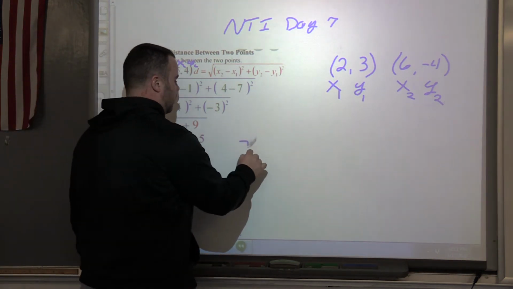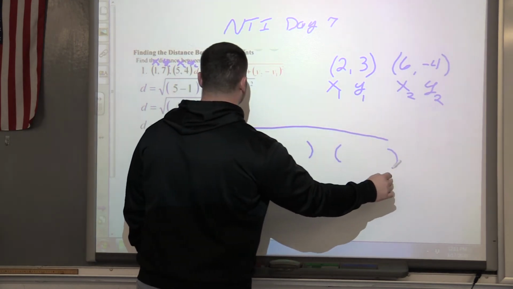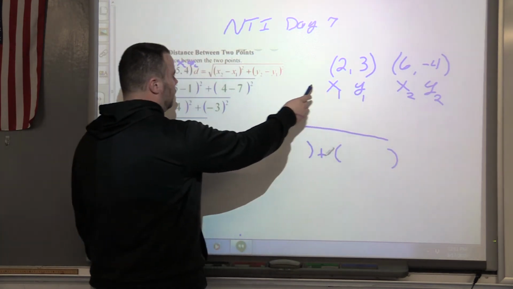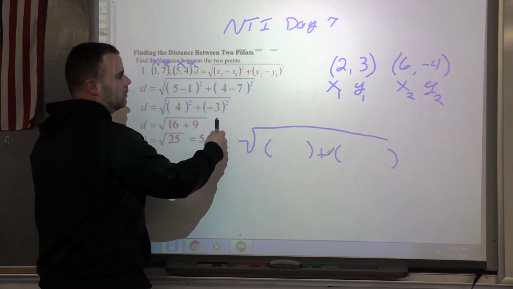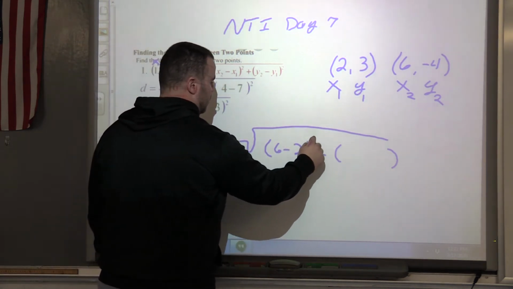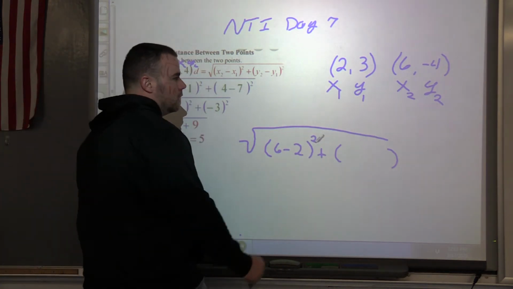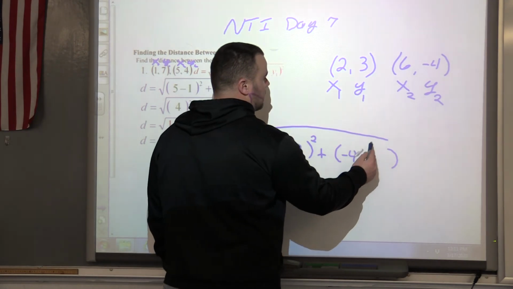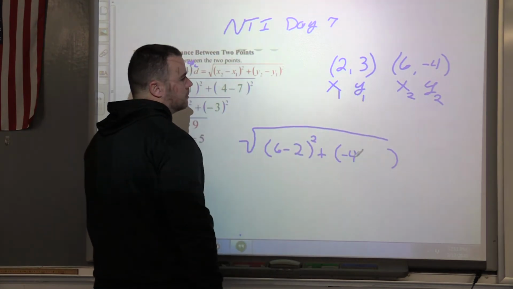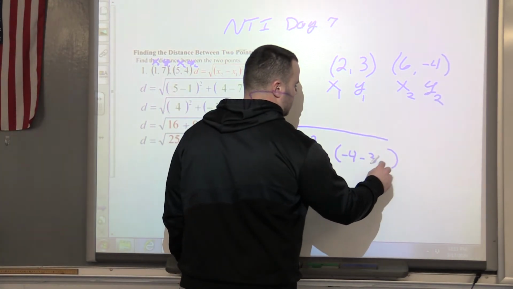So it's going to be the square root, okay, of x2 minus x1. So x2 is 6 minus x1, which is 2 squared, plus y2, which is negative 4, minus y1, which is 3 squared.